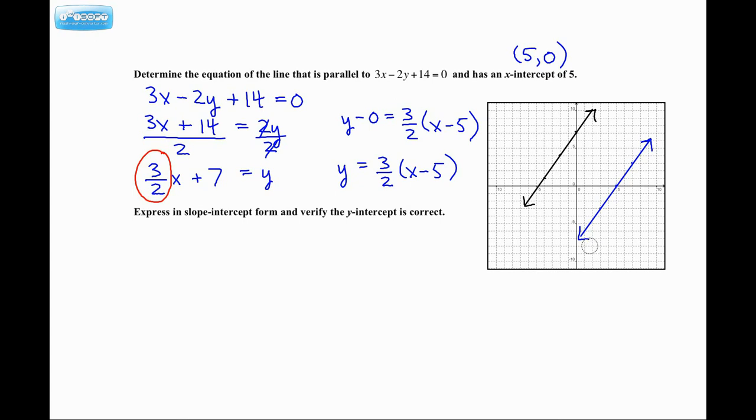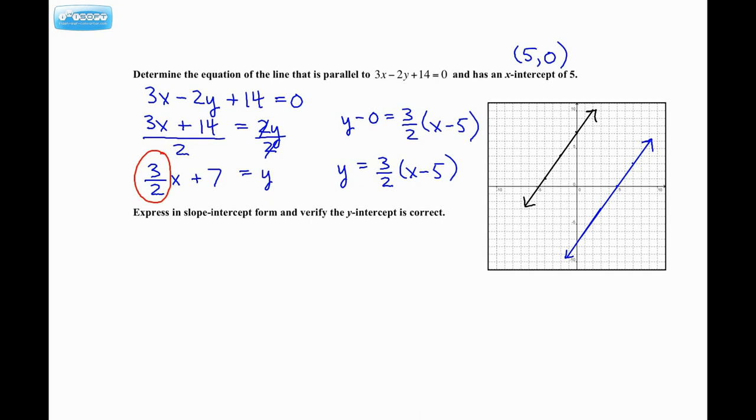You know what? I'm going to extend my line because I can. Something like that. Now it appears that the y-intercept is actually not at a particularly nice number. Okay, so let's see that that actually happens.